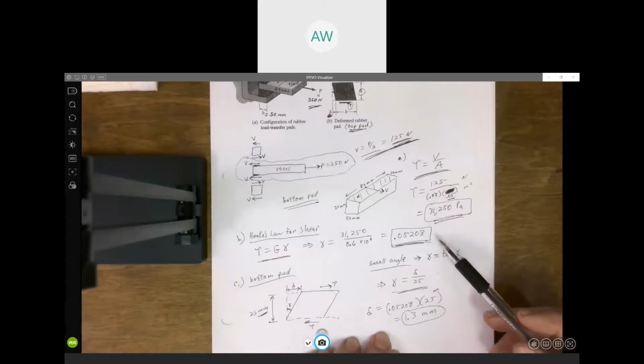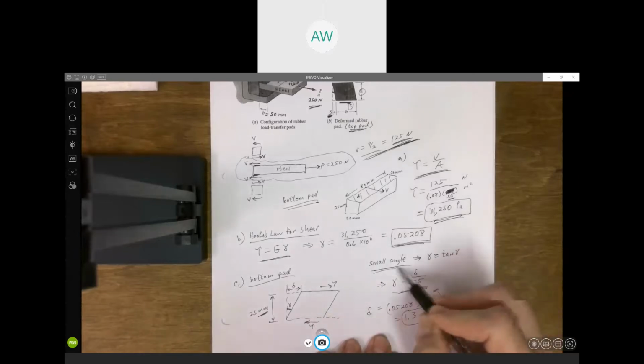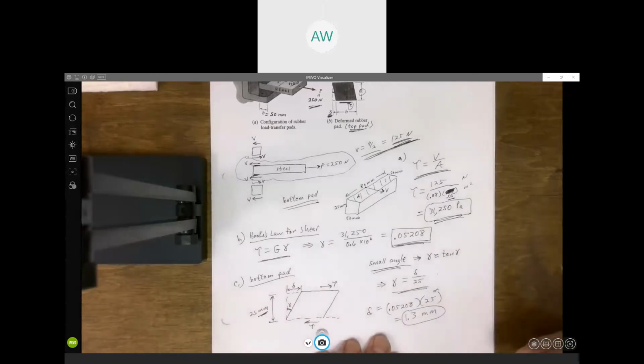If you did, speak up. If you didn't, somebody curious now. 3 degrees? Thank you, Zach. So again, that's a really small angle, small enough that our small angle approximation is valid.